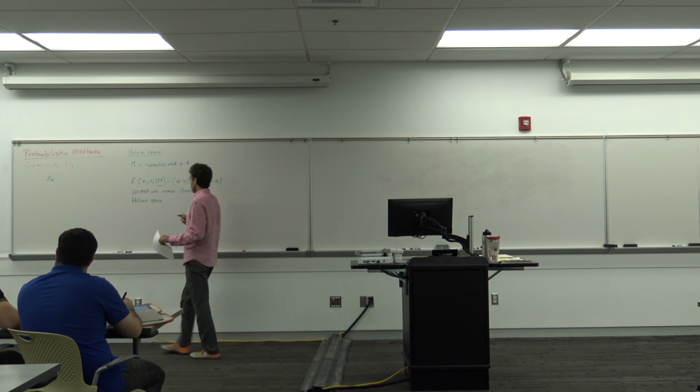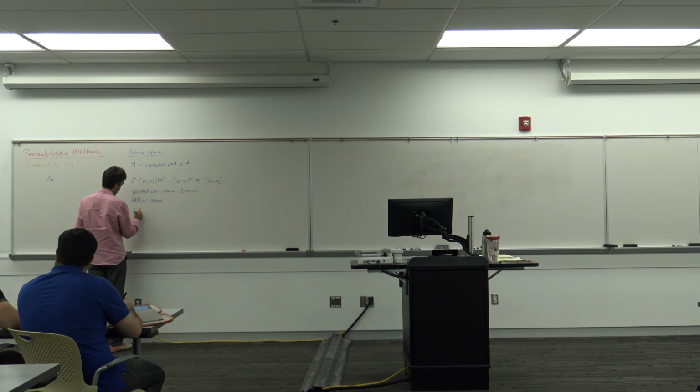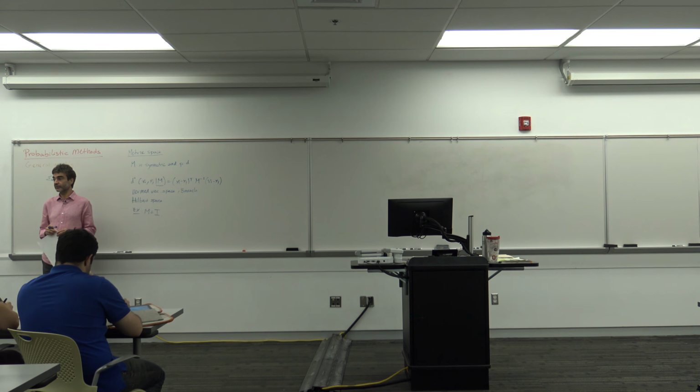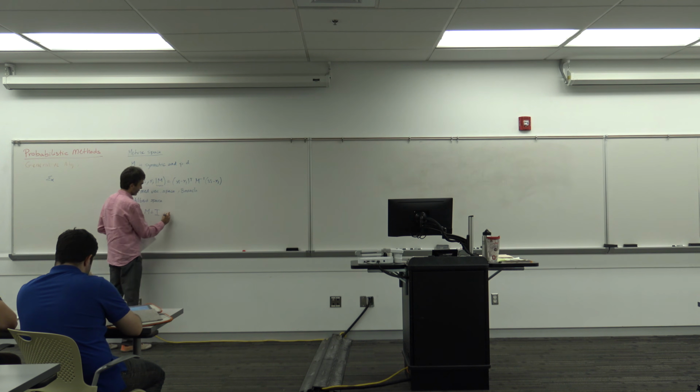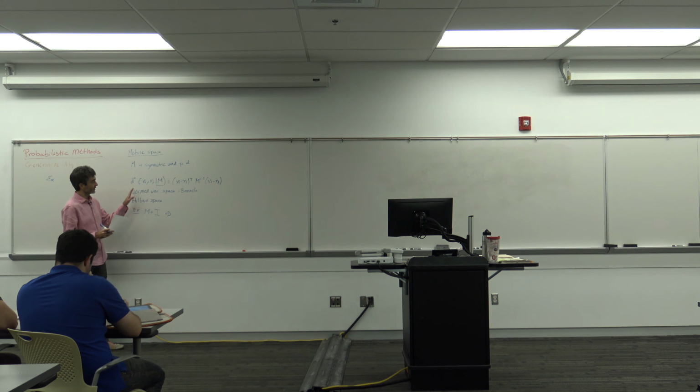Let's see some examples of this. What happens in the particular case that my matrix M is equal to the identity matrix? Then what do I have here? What's this called?